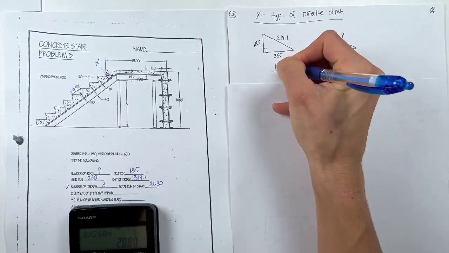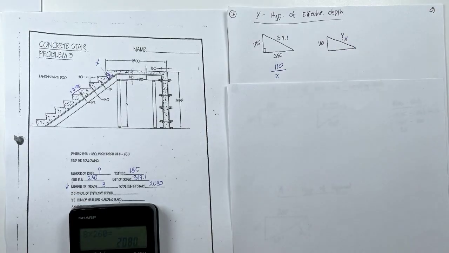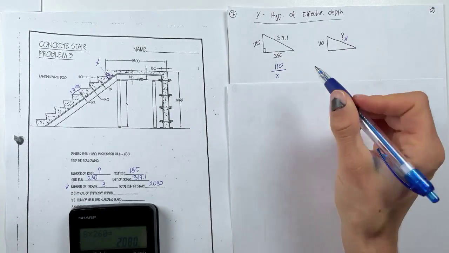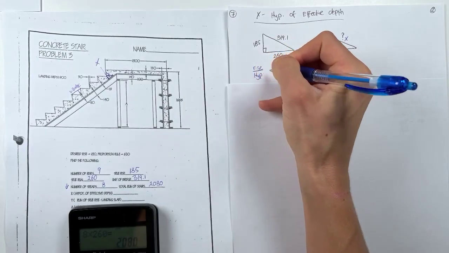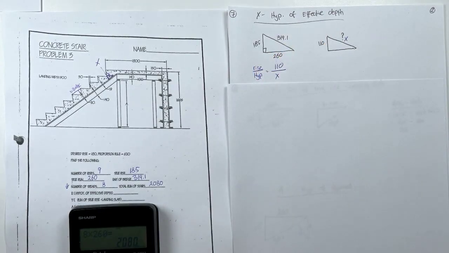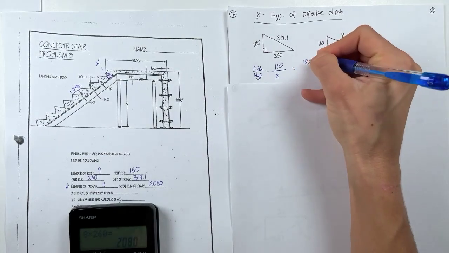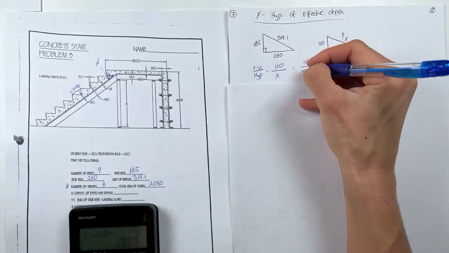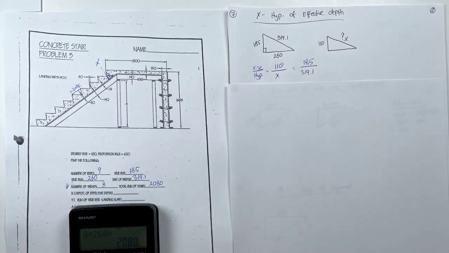So 110 over x, because this is x, right? So 110, which is our rise over our hypotenuse. And we have to do that on both sides. On the other side, we have 185, our unit rise, over 319.1, which is the hypotenuse of that other triangle. And then we cross multiply and divide.